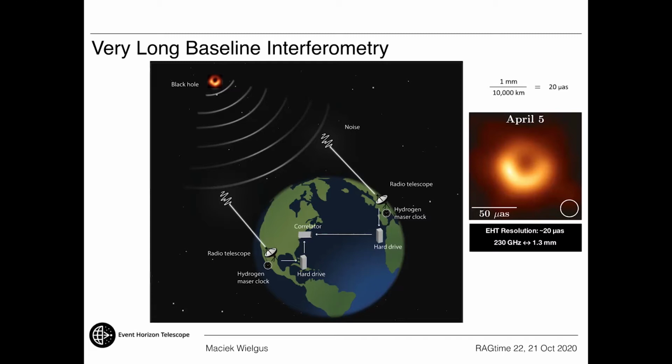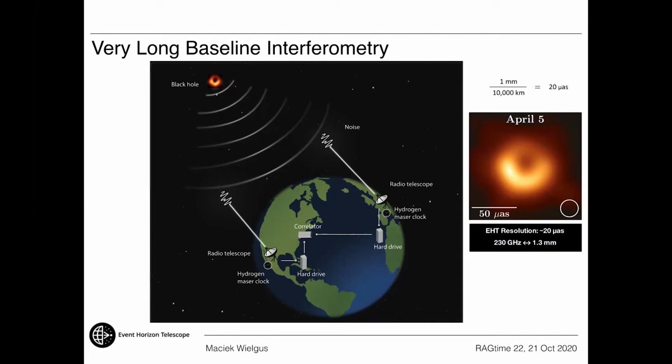So we knew that we would need a resolution of about 20 microarcseconds. If you do a simple calculation of the diffraction limit, which is just the wavelength over the size of your telescope, it tells you that you need a 10,000 kilometer baseline, which is about the diameter of the Earth. And you do need 1 millimeter wavelength, which is again pushing radio astronomy to the extreme.